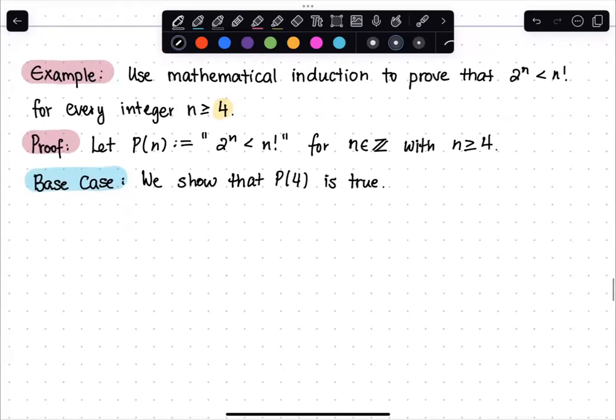Well, P(4) says that 2 to the 4, which is equal to 16, is smaller than 4 factorial, which we know if we calculate this, is 24. So clearly 16 is smaller than 24. So therefore the base case is true.